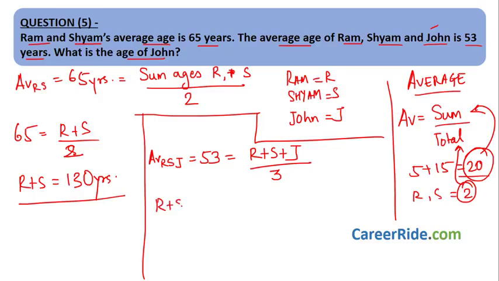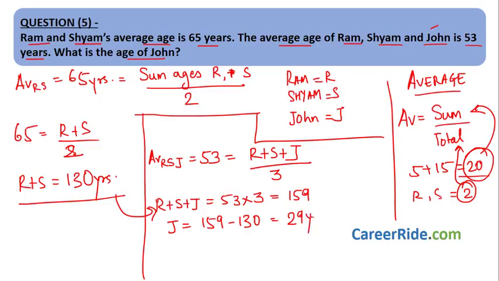So R plus S plus J equal to 53 into 3. Okay. 53 into 3. That comes out to be 159. Do we know R plus S? Yes, from over here, put the value over here, you will get J equal to 159 minus 130, that would be 29 years. So age of John is nothing but 29 years.